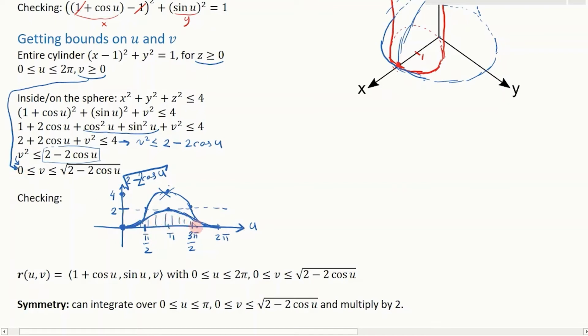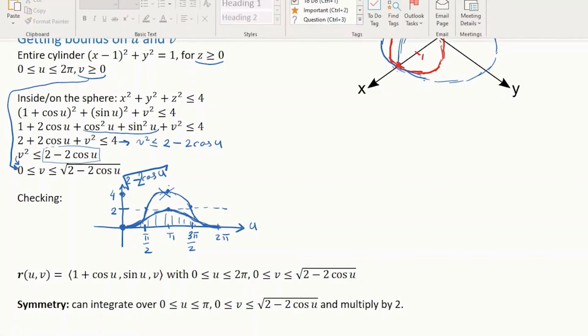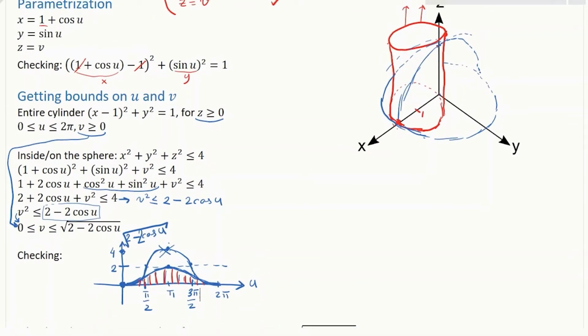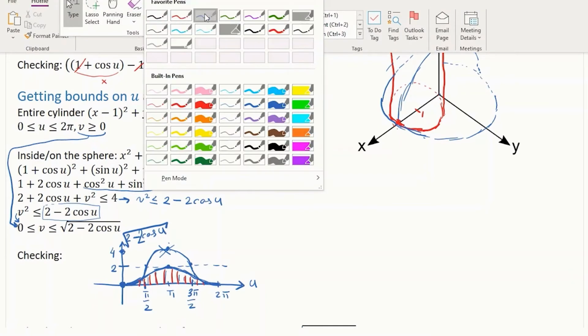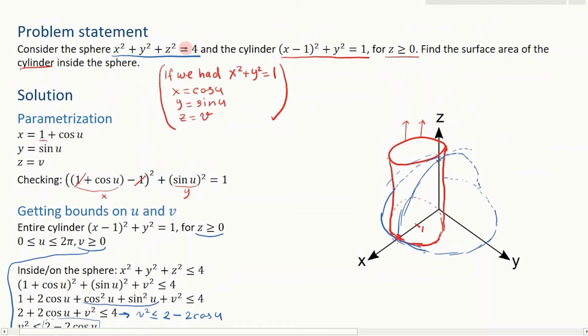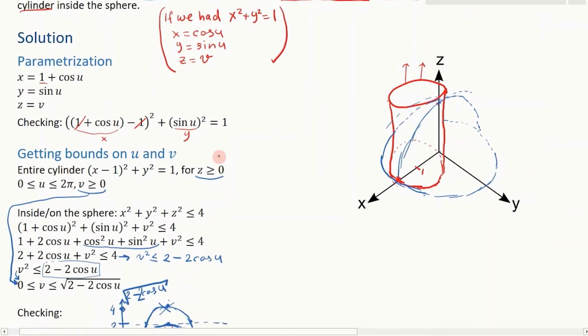Now let's see if this makes sense. When u equals 0, which on this cylinder corresponds to theta being equal to 0, if u equals 0, we have x equals 1 and y equals 0.